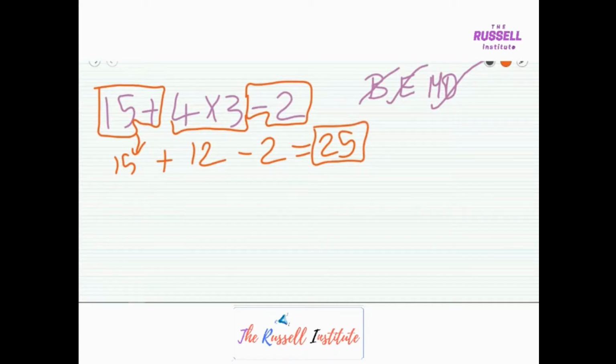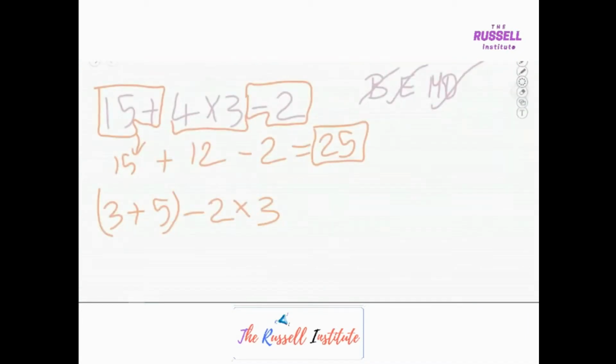All right, let's make it just a slight bit more complicated. What about bracket 3 plus 5, take away 2 times 3? Now, how will we approach this one?